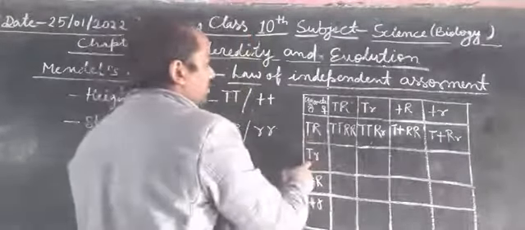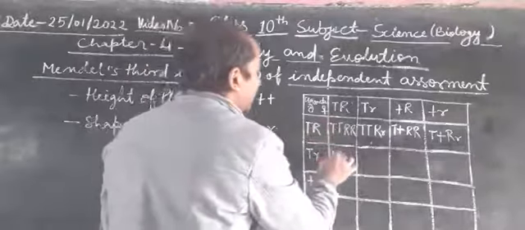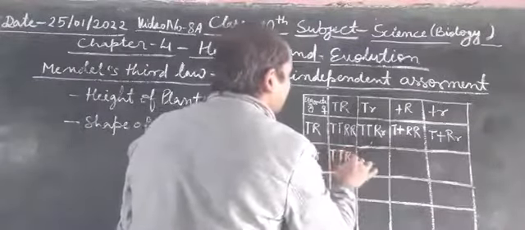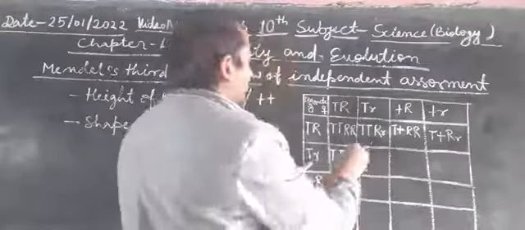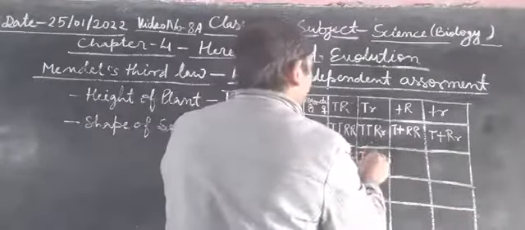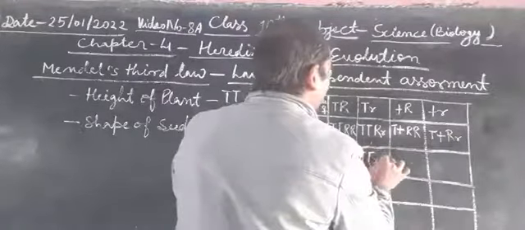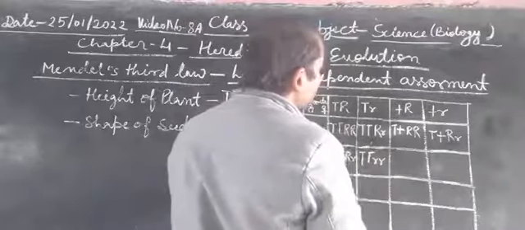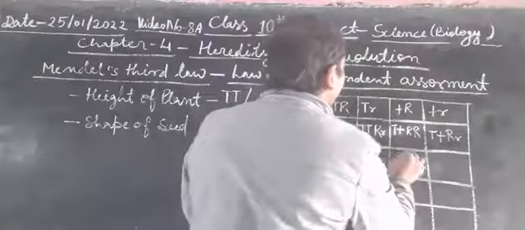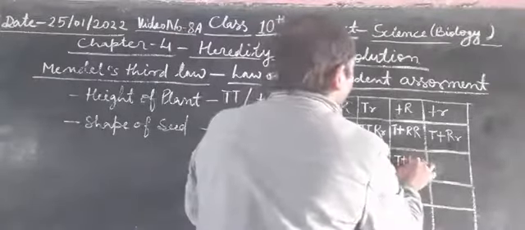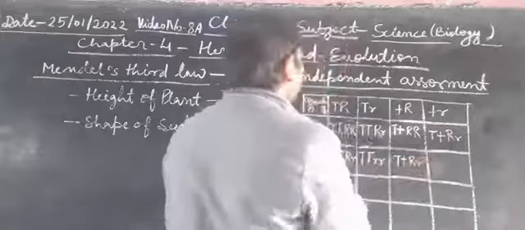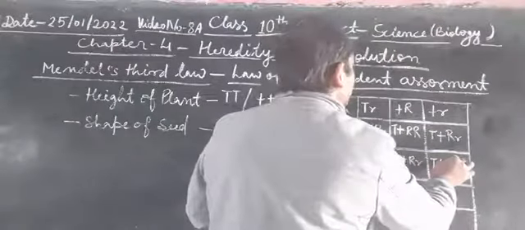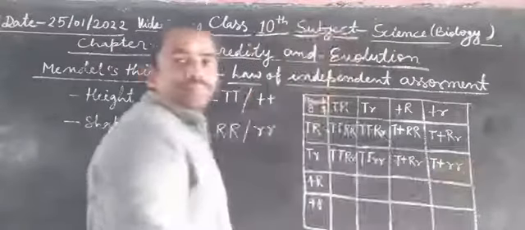Now, cross of this and this, capital T, capital T, capital R, small r, capital T, small r, small t, capital T, small t, capital R, small r, capital T, small t, and small r, small r.